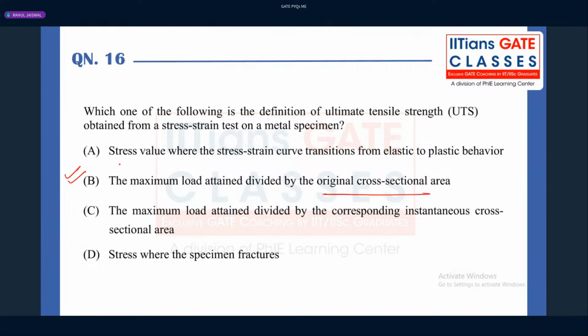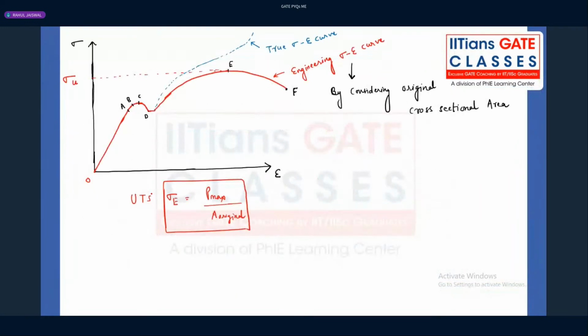That is option B, because in the universal testing machine you get this engineering stress versus strain diagram, and the point there shows you the ultimate tensile strength. On the true stress versus strain diagram you do not get the ultimate tensile strength, because it considers the instantaneous cross-sectional area, so it is quite variable.